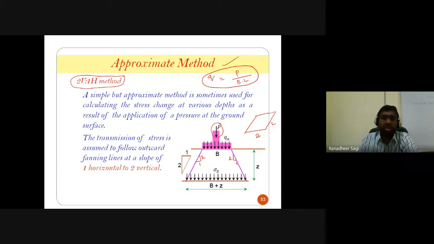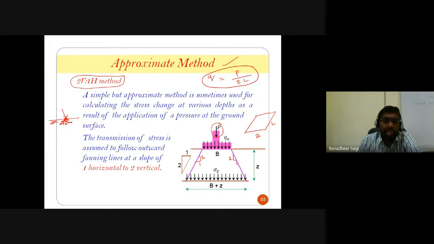Yesterday we were trying to talk about something. Let's say this is my ground on which I have some point load acting. Initially, where does that point load get applied? On some individual particle. From that individual particle, load gets distributed onto the other adjacent particles, and from those, the load further gets distributed onto further adjacent particles.